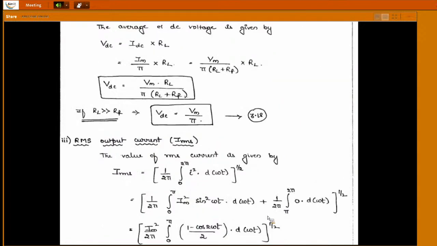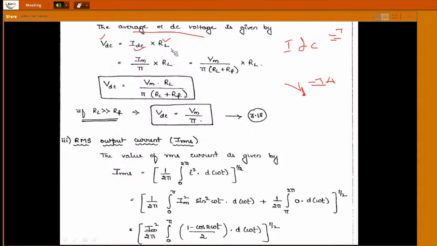Right. Now what is the average or the DC voltage? We derived the DC current. What is the DC current? IDC is equal to Im by pi. This is in the previous expression. Now what is the average voltage or DC voltage? V is equal to I into R. If you want the VDC value, then I is IDC and R is nothing but the load resistance, where you are obtaining the output voltage.